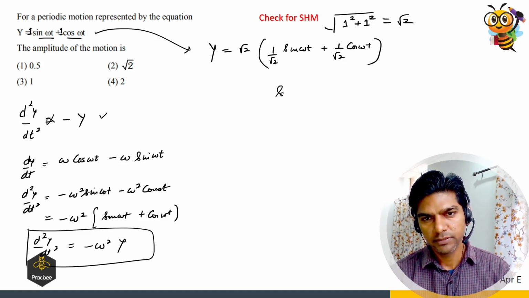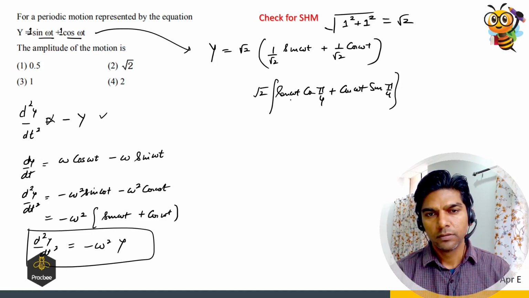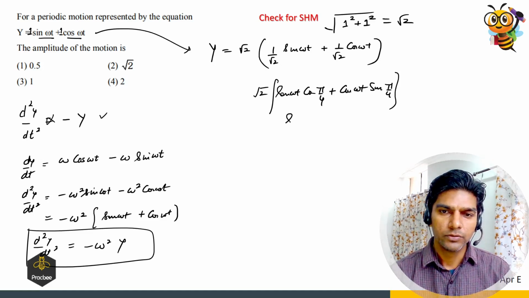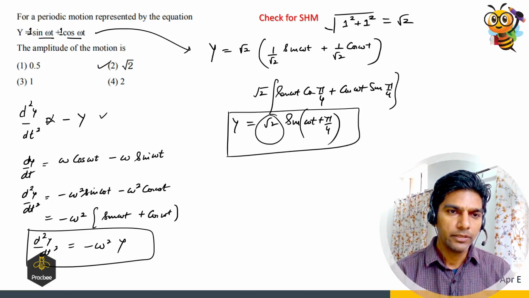Now this can be written as sine omega t cos pi by 4 plus cos omega t sine pi by 4. So we got the sine A plus B formula. So that is nothing but sine omega t plus pi by 4. And if you look at this equation, the maximum value of y is nothing but root 2. So root 2 is the answer of this question.